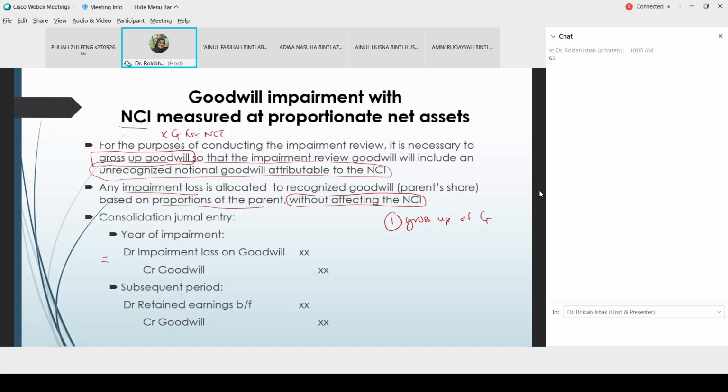But for the subsequent period, you debit retained earnings brought forward and then credit goodwill. So there is no journal entry for the NCI because the NCI does not share any goodwill, so there is no impairment loss on goodwill for the NCI.